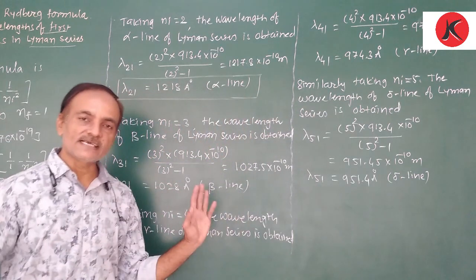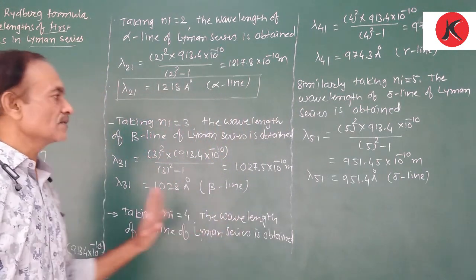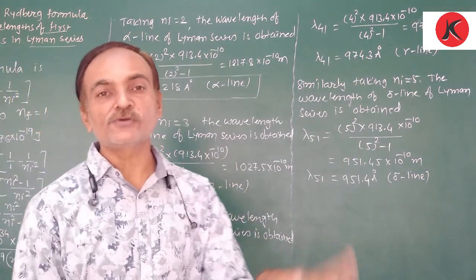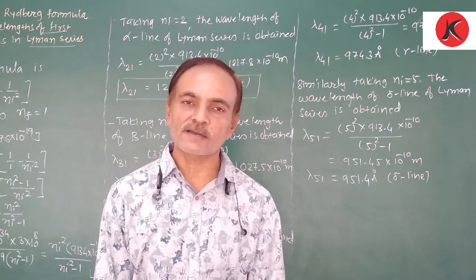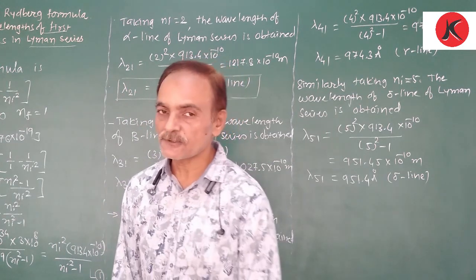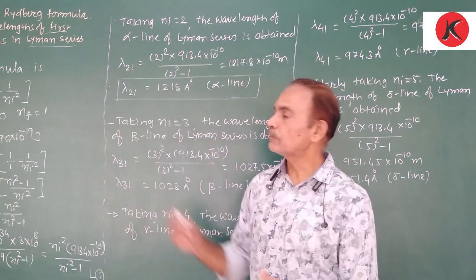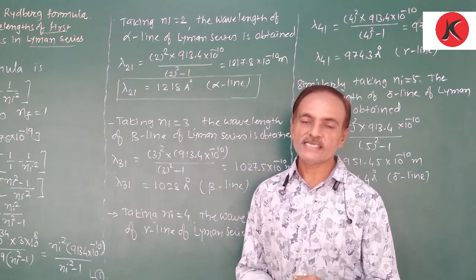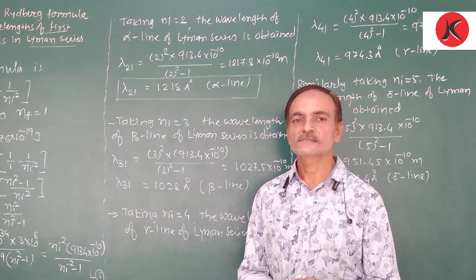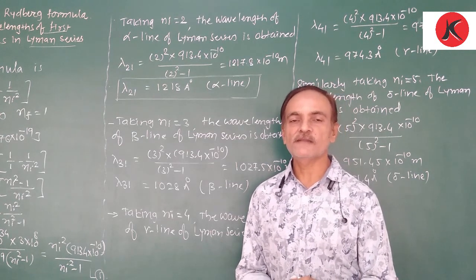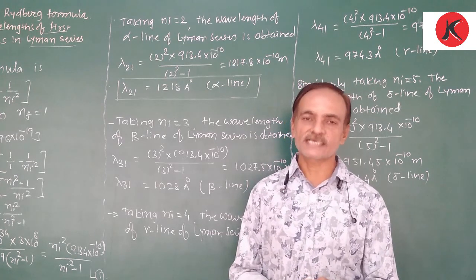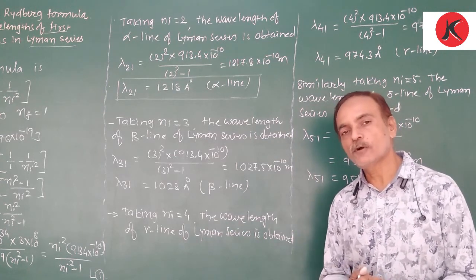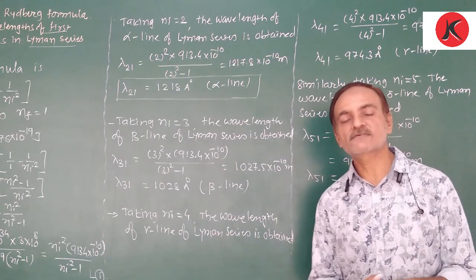So friends, there is a very easy way to keep in mind the equation. Actually, 1 upon lambda if is equal to R into the bracket 1 upon Nf square minus 1 upon Ni square, but here we substitute the value of the Rydberg constant R in the form of me^4 upon 8 epsilon 0 square c h cube. First, we obtain the general equation of the wavelength lambda if for the Lyman series: Ni square into 913.4 into 10 raised to minus 10 upon Ni square minus 1.